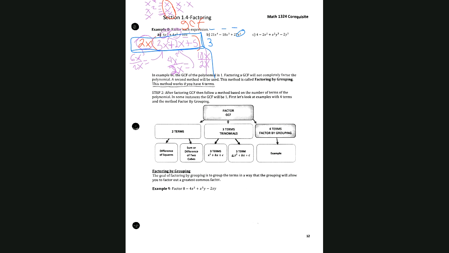So we factor out 3x squared. And that will give us 21x to the fourth power. I'm going to write it up here, 21x to the fourth power divided by 3x squared, because that's what we're factoring. That will be 7x squared. Remember, we subtract the exponents of the variables.